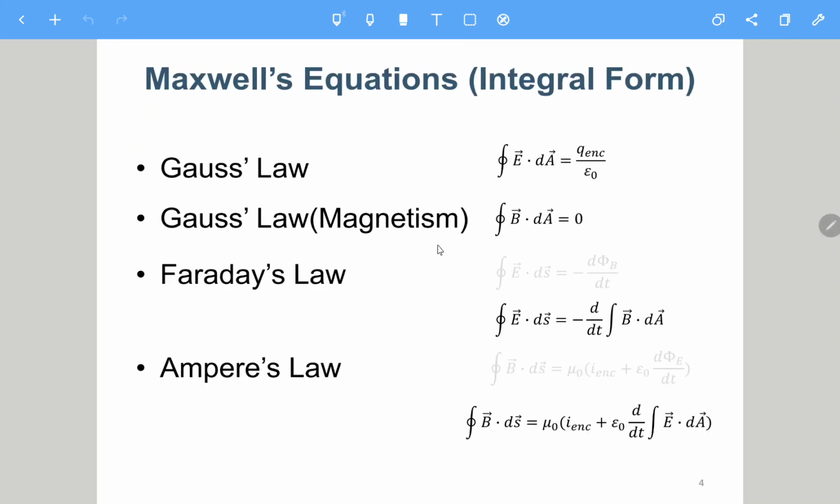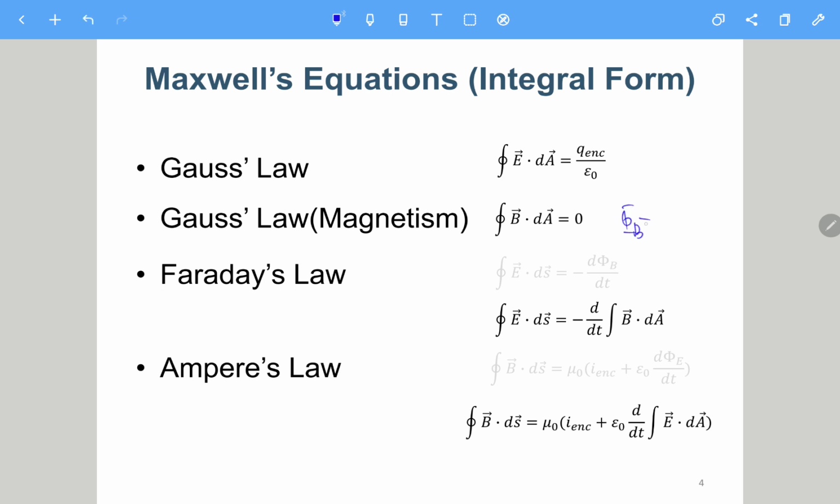Okay, so we try to make some modification to it. For Faraday's Law, originally on the right side we have d phi B dt, which is the derivative of the magnetic flux with respect to time, with the minus sign. Here for this phi B, we try to rewrite it as a surface integral.